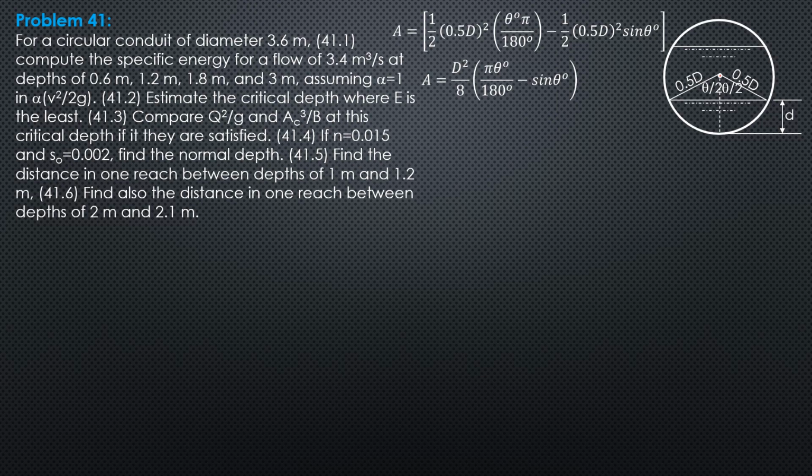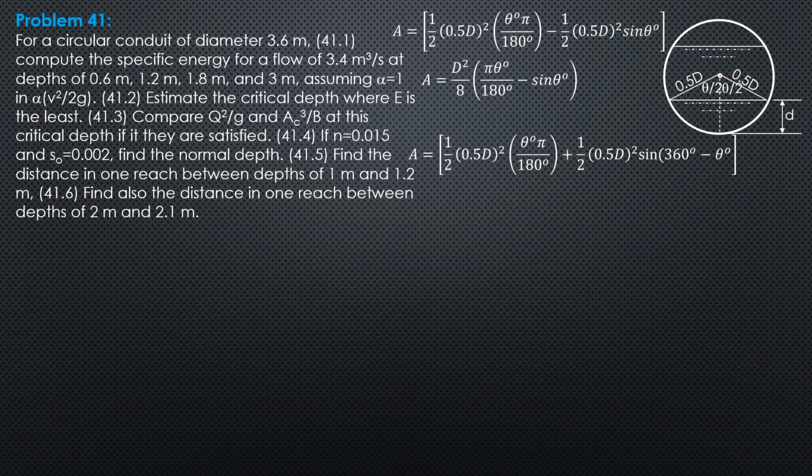Then for the case where the depth is above, the area is the area of the big sector, 1/2 of 0.5 d squared theta pi degrees over 180, plus the area of this triangle, where the angle here is 360 degrees minus theta.